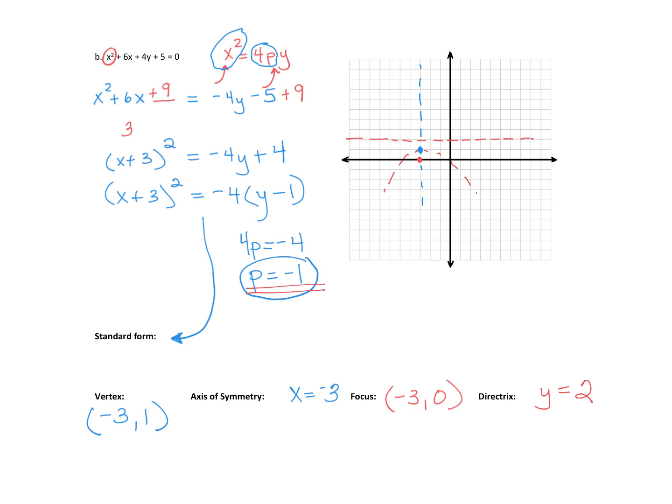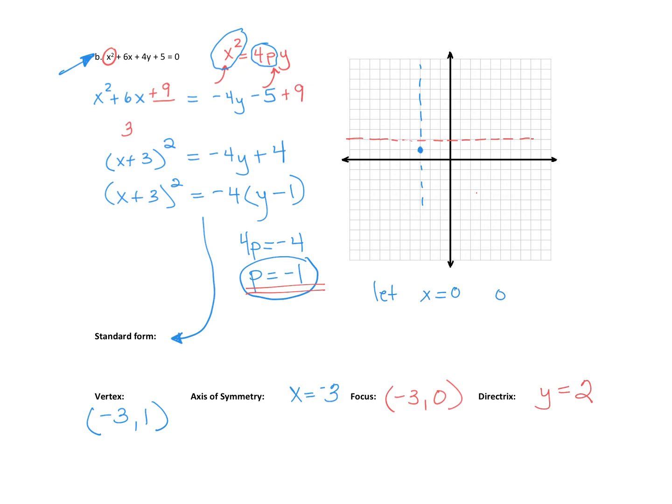And then, like before, let's see if we can find about how wide it is. Let's let x equals 0. That will be our y-intercept. And if I let x equal 0, I'm going to plug it into the original here because it seems to be easier.